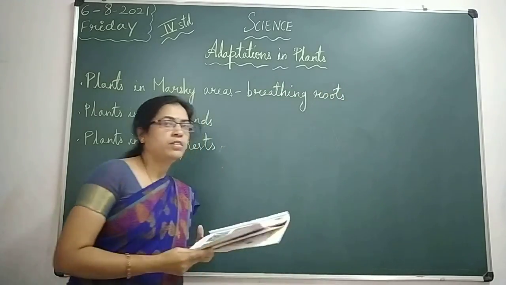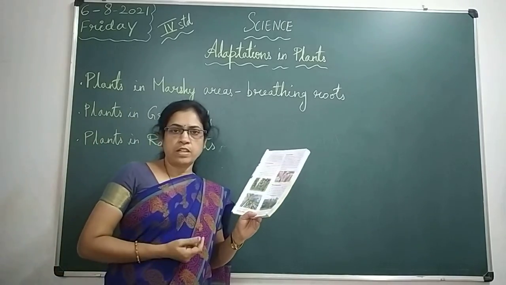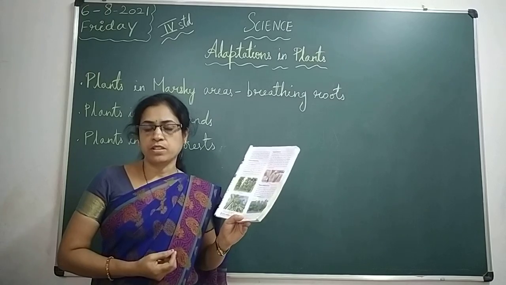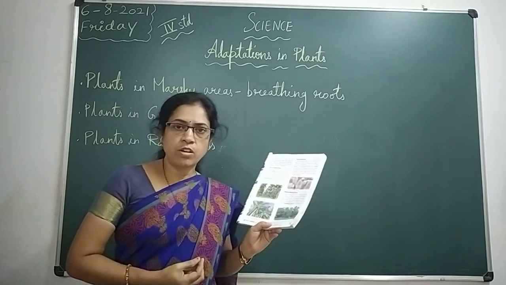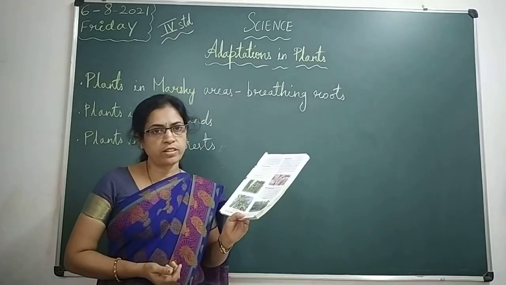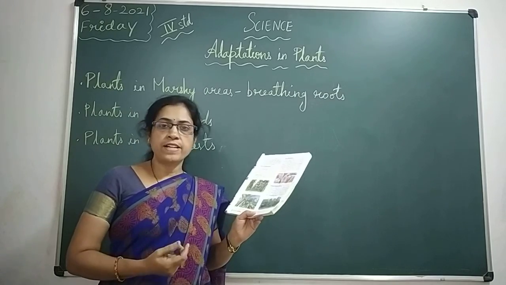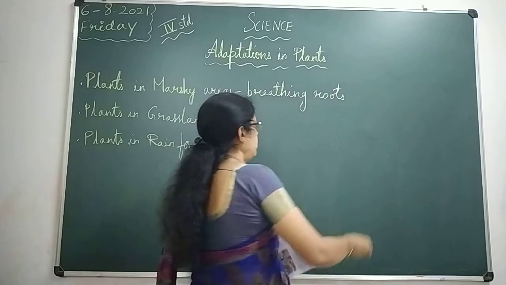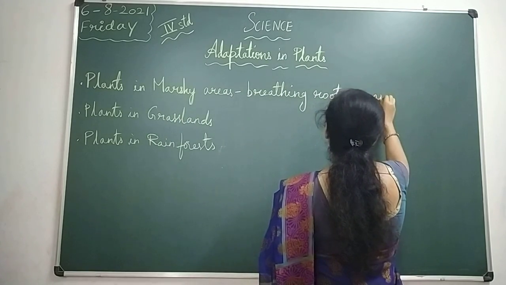So children, because the soil is clayey and has very little air in between the soil particles, the roots cannot breathe there. So they grow above the ground and they breathe. The plants that grow in sticky and clay soil are called mangroves.